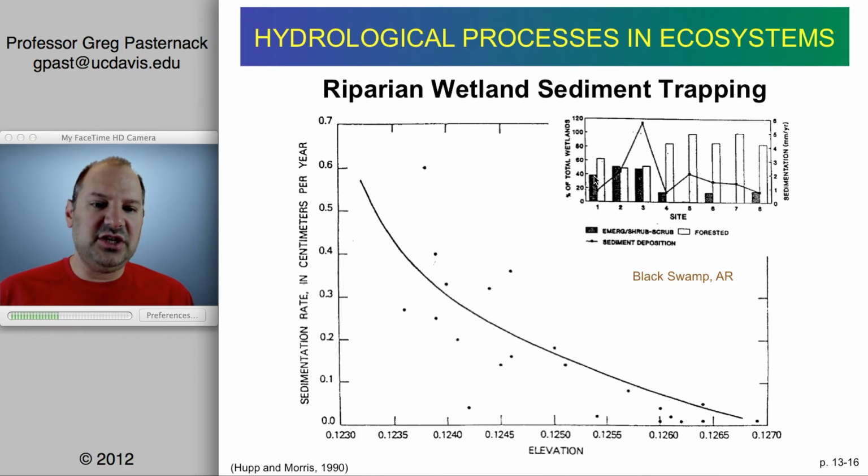So this is the percentages, and then you have the sedimentation rate as the line. And you can see that among these sites that are emerged shrub, there's one site here that has the highest value. Comparing the other sites, they look pretty indistinguishable to me, but there is one site that really stands out as an outlier.